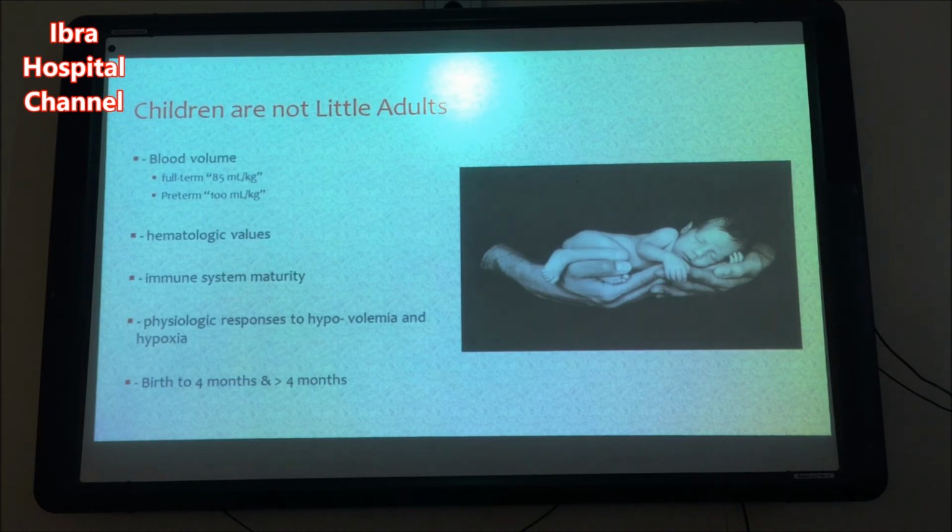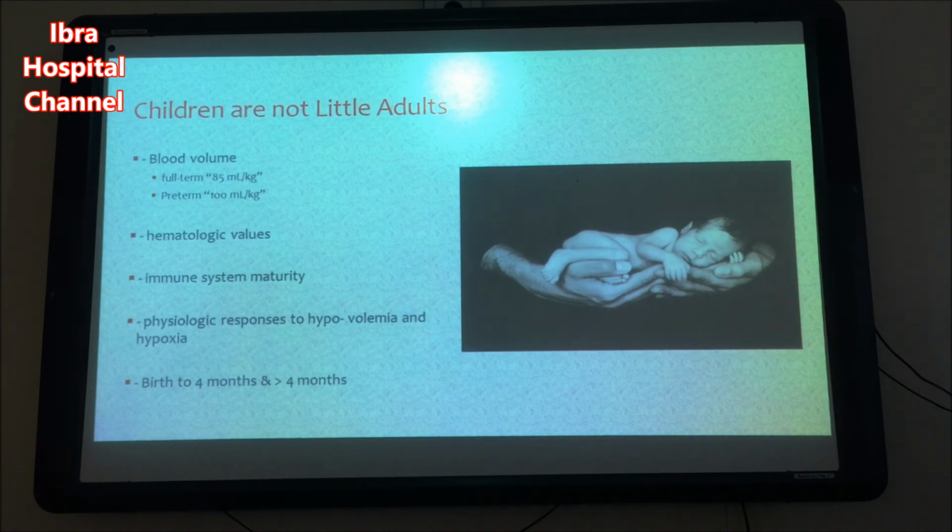And why is it different? Because the blood volume, for example, in children is much different from adults. A full-term baby has a blood volume of approximately 85 ml per kg. So if he's born with 3 kg, that will be around what? 250 ml. 250 ml for the whole child.